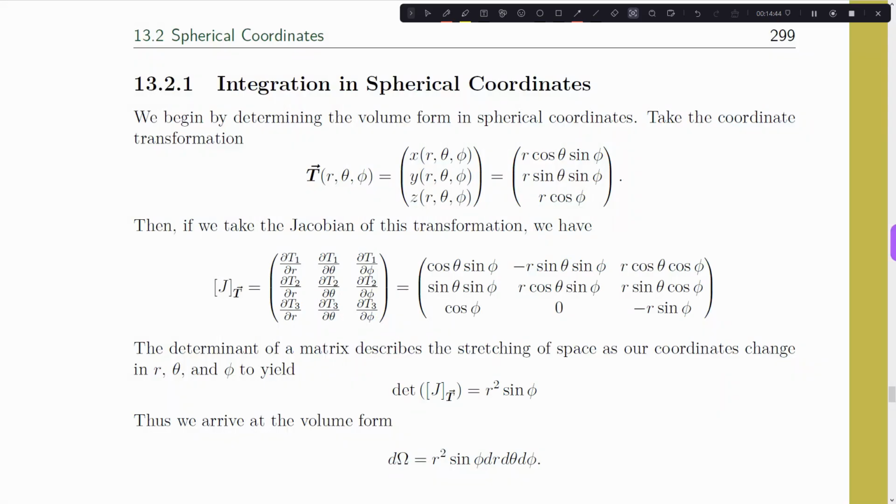Okay, so that means if we are writing in one sense dx, dy, dz as the volume form in Cartesian, we're actually going to pick up an entire r squared sine phi in spherical coordinates. So that's just something to keep in mind. Don't forget this when integrating.